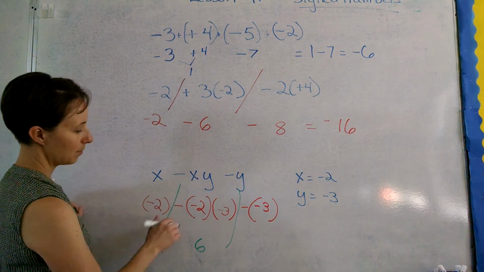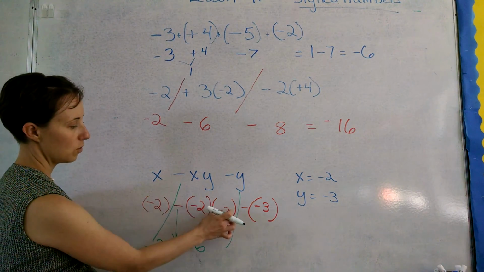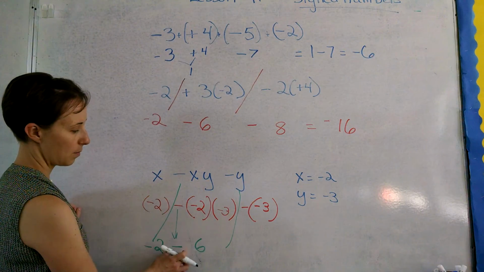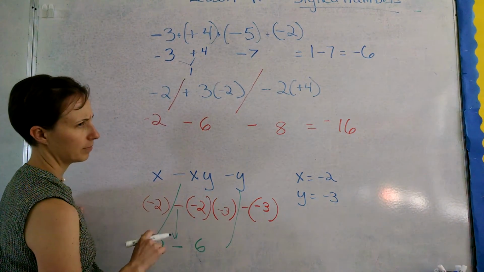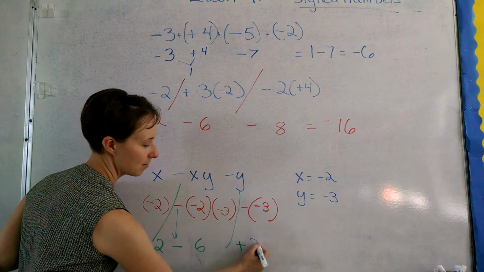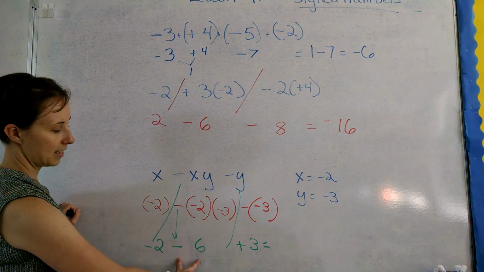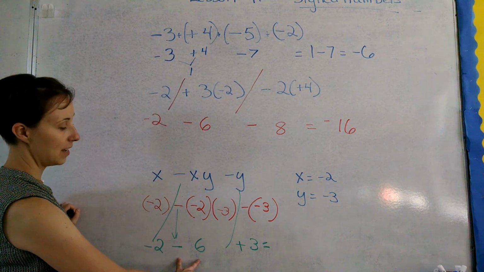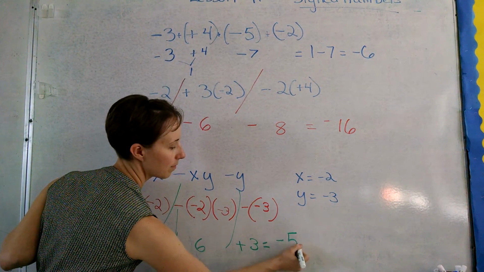So negative 2 times negative 3 gives me a positive 6, and then I'm subtracting. And then I have minus a negative 3. Wait a second. Minus a negative, that's the same thing as plus. Negative 2 minus 6 gives me negative 8. Plus 3 gives me negative 5.